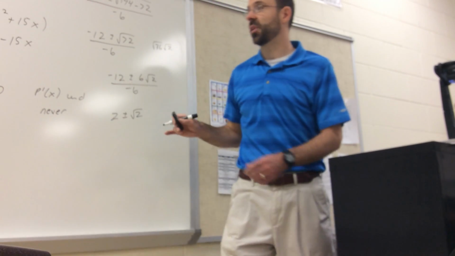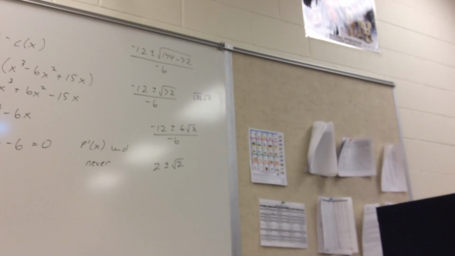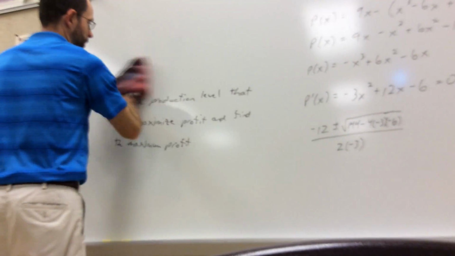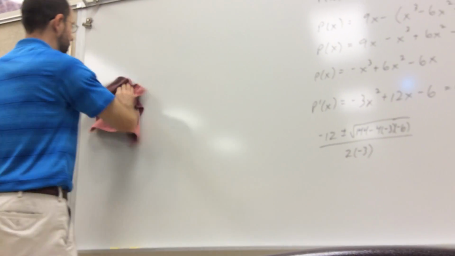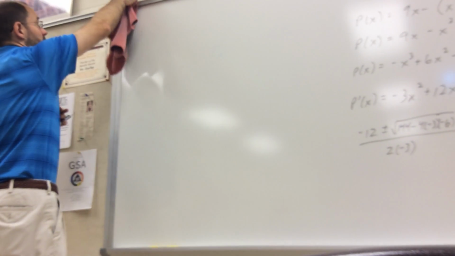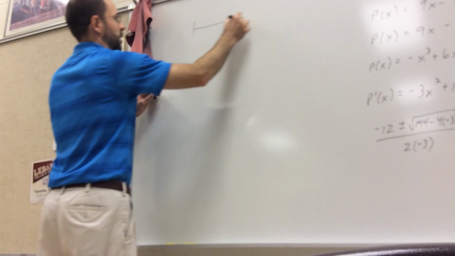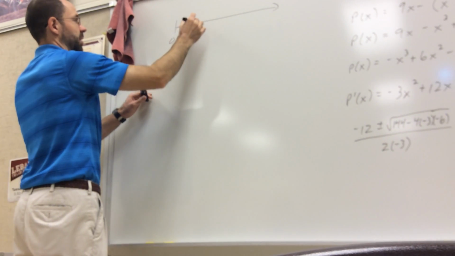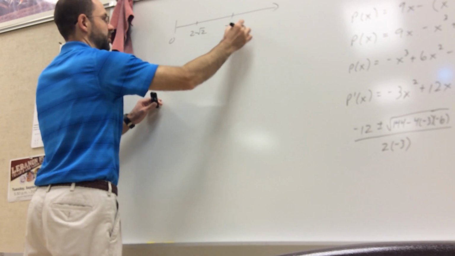Okay, so now we got our critical values. So we have to put those on a number line. So we've got 2 minus root 2 and 2 plus root 2.